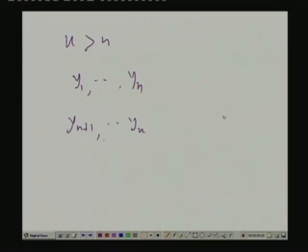Okay. And as I told you, if y n+1 is expressible in terms of these variables, or up to y k, so y k also is expressible in terms of these variables, then the overall joint distribution can be written down just in terms of the joint distribution of y1 up to yn. Okay.